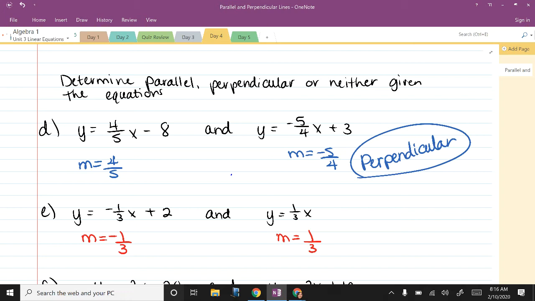Are they the same? No. Are they opposite reciprocals? If I take this and flip it and change the sign, I get positive 3 over 1, which is positive 3. So they're not opposite reciprocals. So what are these? Neither one. Yeah, because these are just going to be 2 lines that cross each other. Boring.